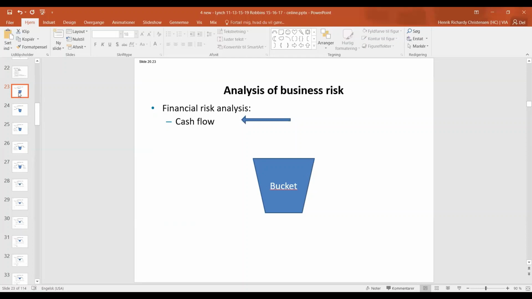Now, that being said, let's try to look into cash flow. First of all, cash is money, and money can flow simply means that it can change hands. And just for now, think about you taking some money from your pocket and holding it in your hand, and then you give it to another person that you might have bought something from.